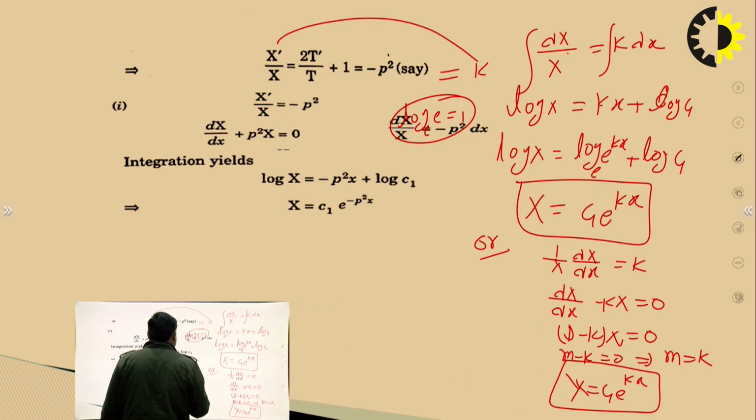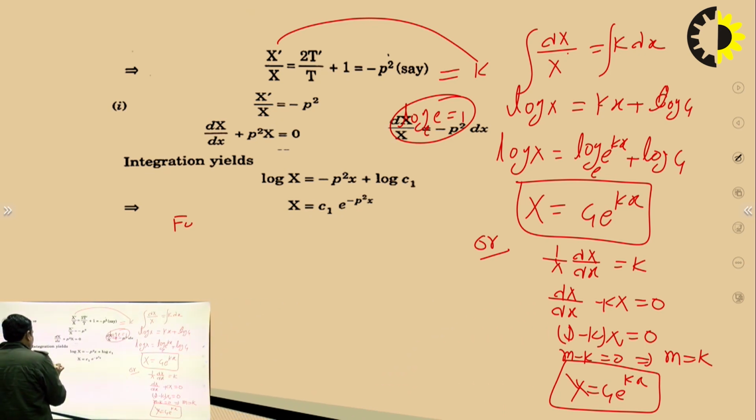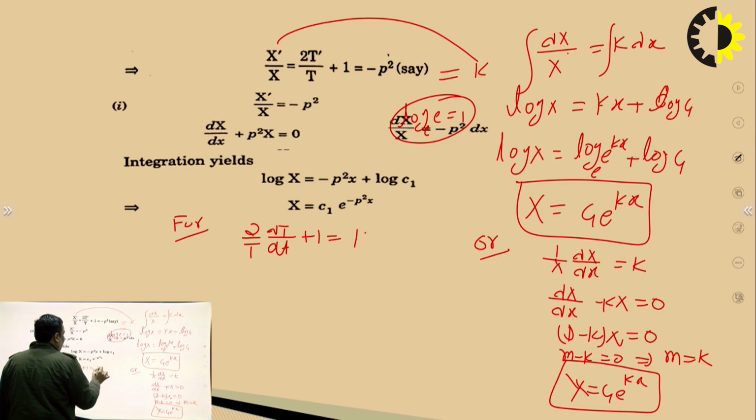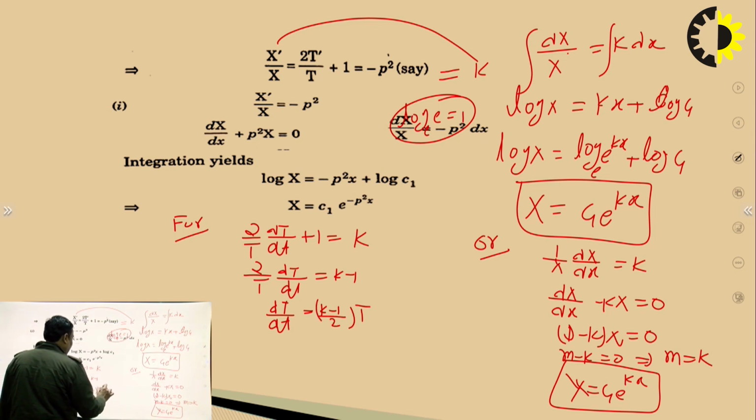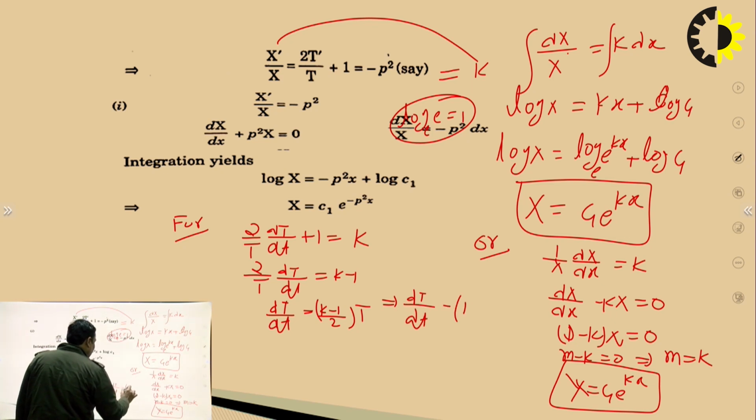Now t, for t: 2 by t dt upon dt plus 1 equal to k. 2 by t dt upon dt equal to k minus 1. dt upon dt equal to k minus 1 by 2 t. dt upon dt minus k minus 1 by 2 t equal to 0.